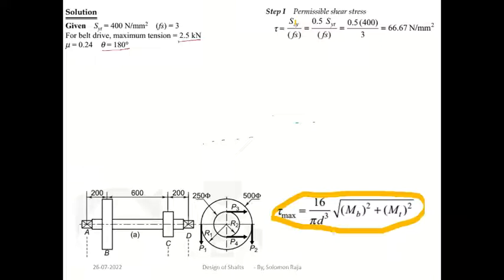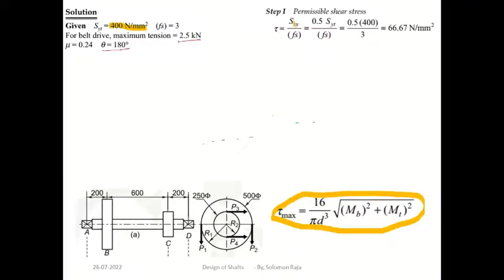Here they have given the tensile stress value, 400 Newton per mm square, but we need the maximum permissible shear stress, tau max.